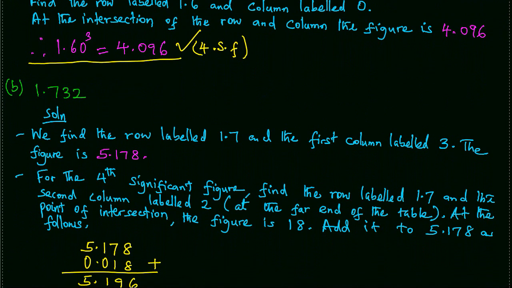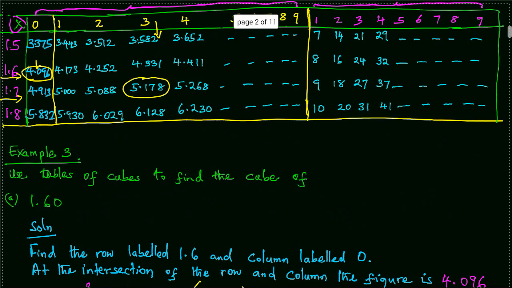For the fourth digit, which is 2, we look at the same row of 1.7 and the second column labeled 2. Here is the second column labeled 2, and the figure there is 18.